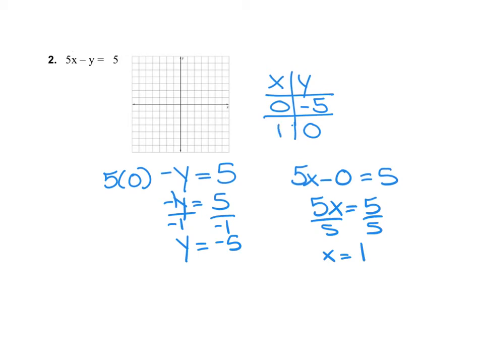So our x and our y-intercepts, we have -5 and 1. So I'm going to go 0, -5, 1, 2, 3, 4, 5. There's our y-intercept. Our x-intercept is at 1, 0. And so again, now we have 2 points that we are able to then draw our line.